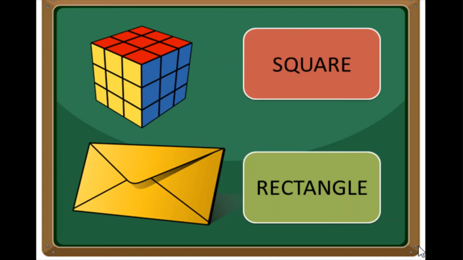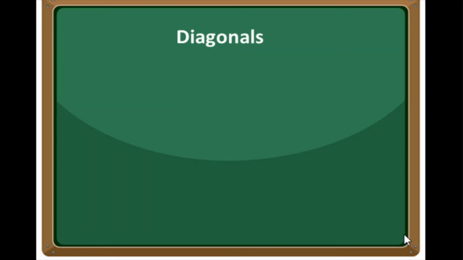Alright, we are now done with the square and rectangle. But wait, there's more. Do you know that when we have a square and rectangle, it forms what we call diagonals? Can you repeat after me? Say diagonals.